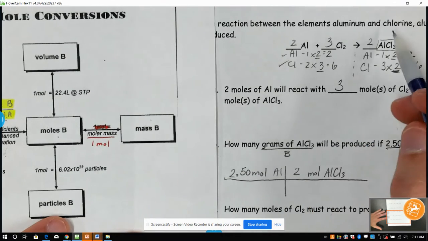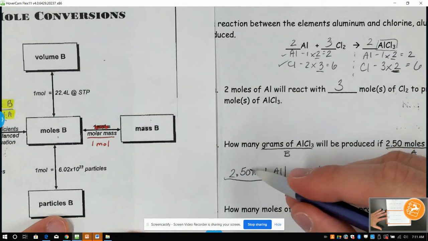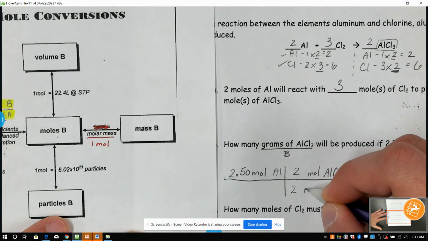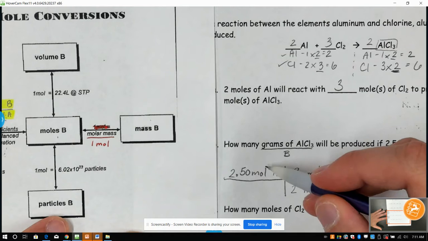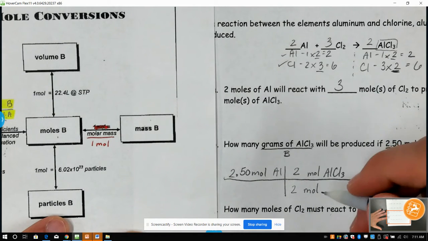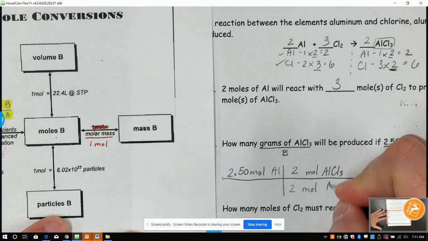Where does this come from? Balanced equation. And moles of aluminum on bottom. To go from one unit to the next, whatever unit you have on top, you have to have then on bottom in the next conversion for them to cancel out.